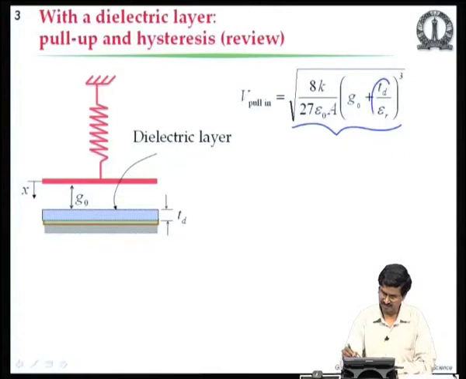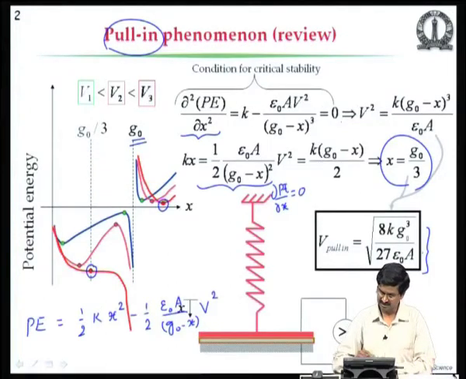Essentially, this is the new part where the thickness of dielectric divided by the relative dielectric coefficient or dielectric constant of that material epsilon r, that is the effective thickness that adds to this g naught, otherwise the formula is the same: 8 k (effective gap, that is g naught plus t d divided by epsilon r) cubed divided by 27 epsilon naught A, whatever we had in the previous one without the dielectric layer, which is this.